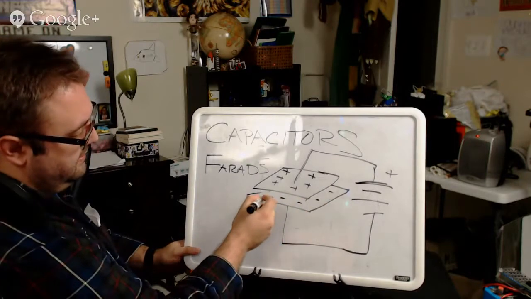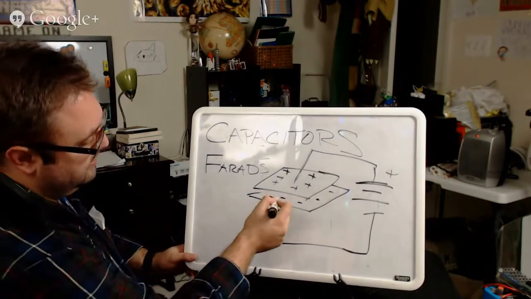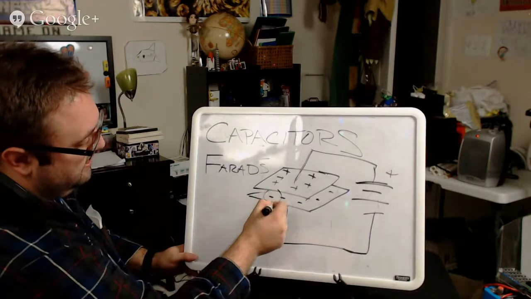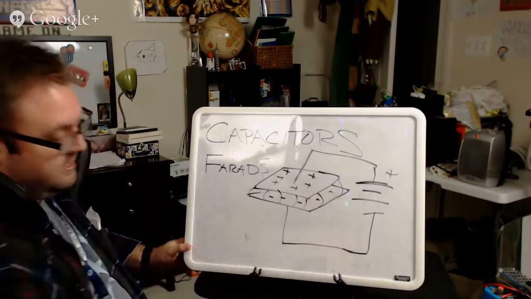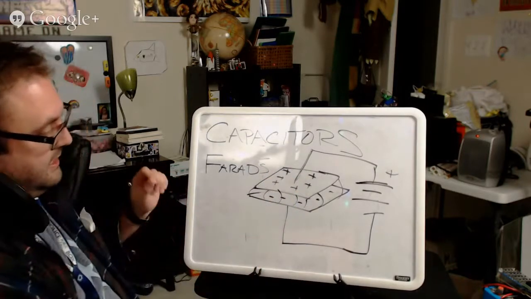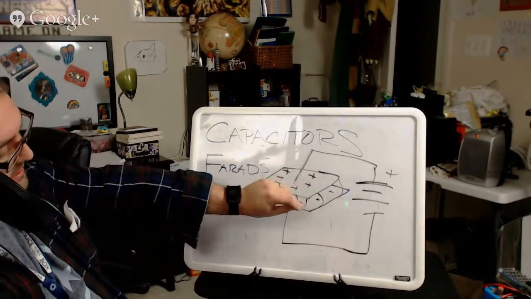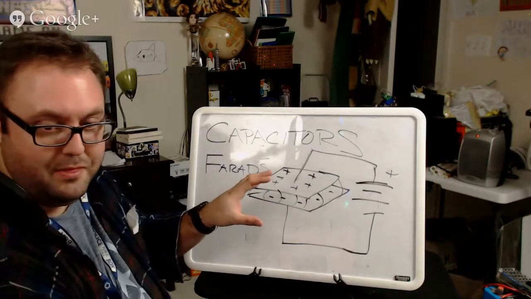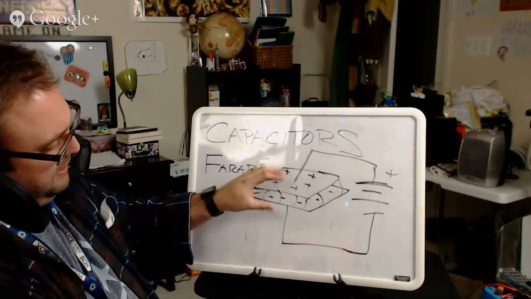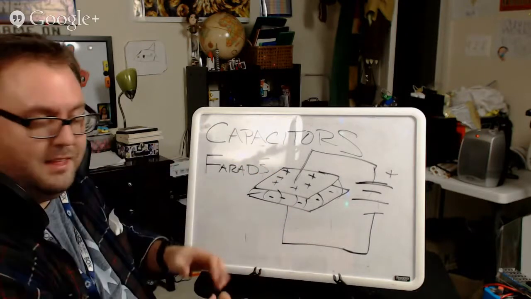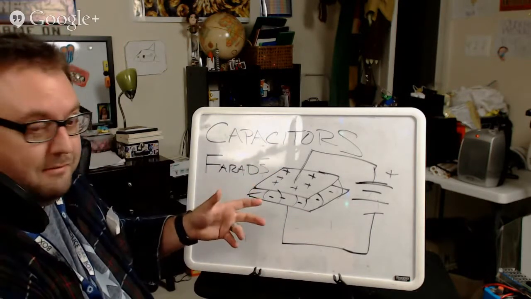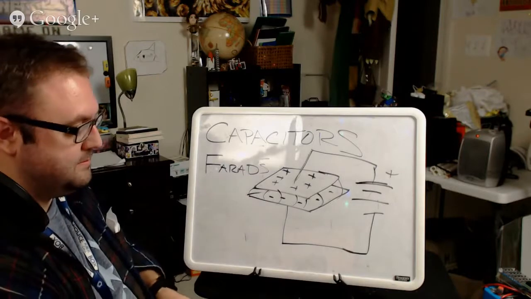Even though they're separated, there's an attraction, and that electrostatic field is storage of energy. The positive and the negative want to touch, but they can't, which induces that field, and that's where the energy is stored.